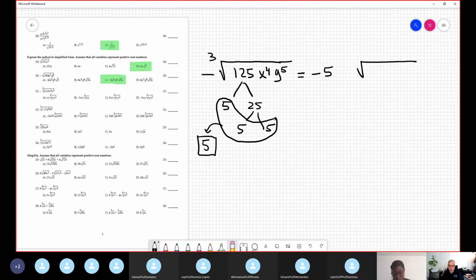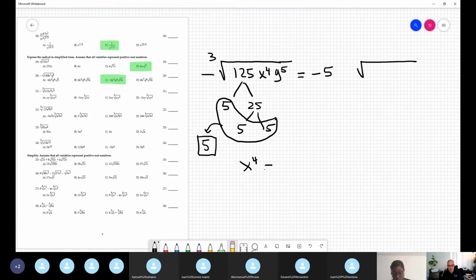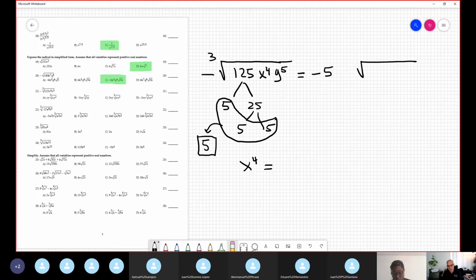Okay, now x to the 4th power. Well, in this case, it's different because it's a cubic root. The index is 3. I try to find the exact multiple of 3 close to 4, which is 3. So this is x to the 3rd power, then x to the 1 power.